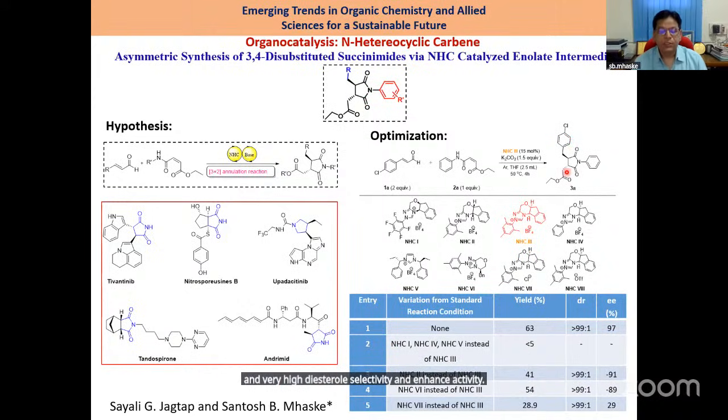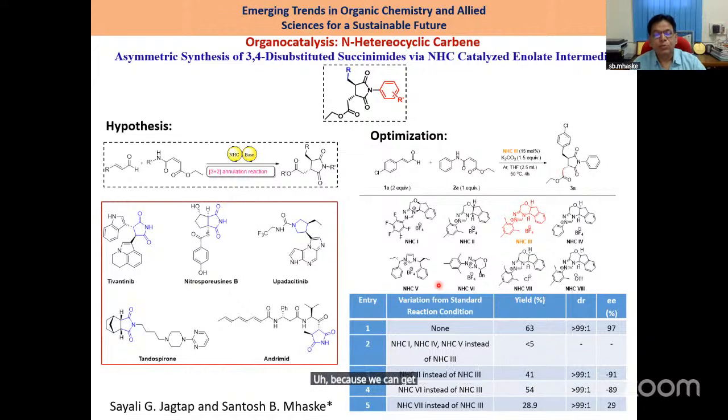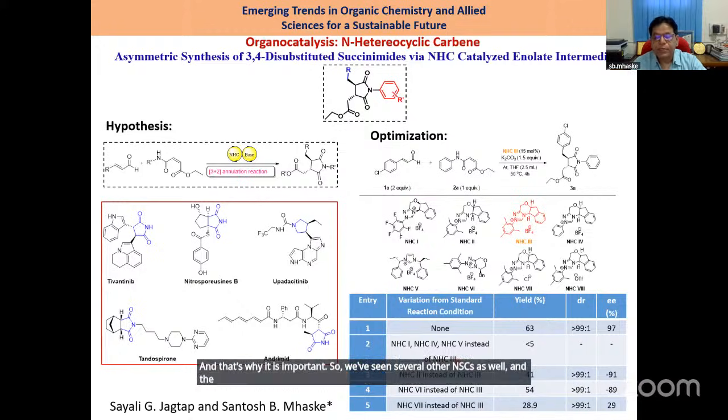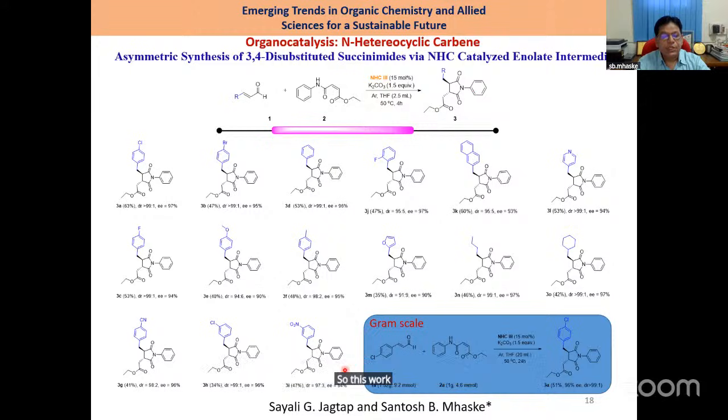As you know, asymmetric synthesis is one of the important areas in organic synthesis because we can selectively get one isomer, which may be more active in the case of drugs, and that's why it is important. So we screened several other NHCs as well, the conditions were optimized, and reproducibility was also checked. This work we have not published yet.